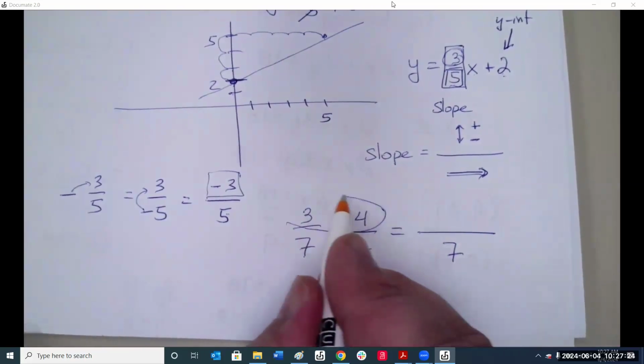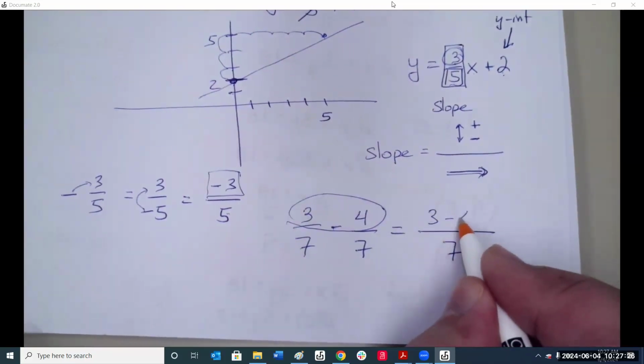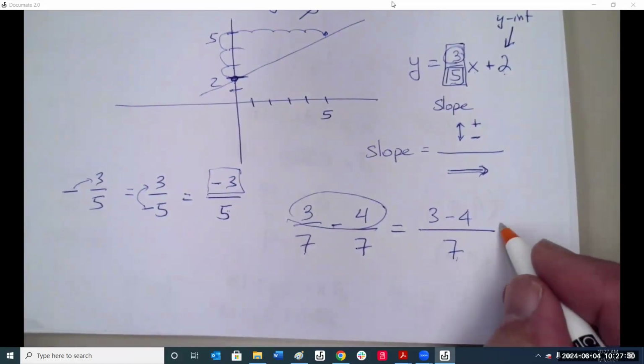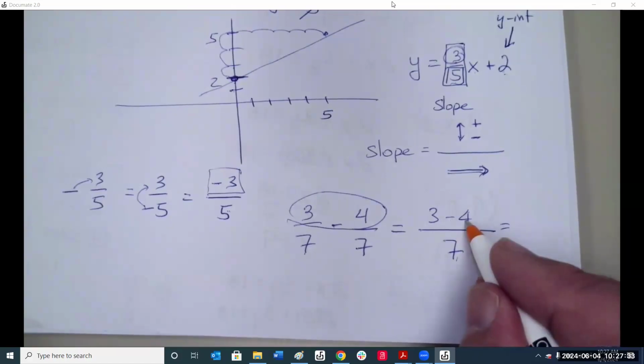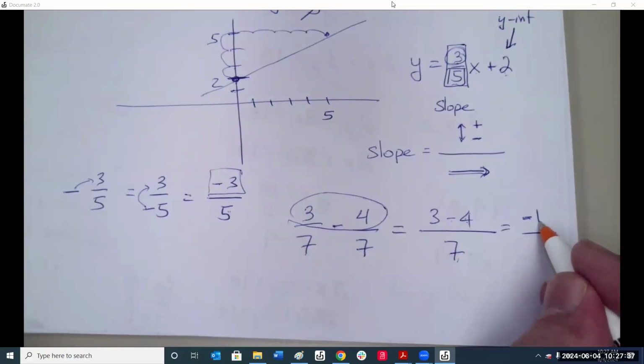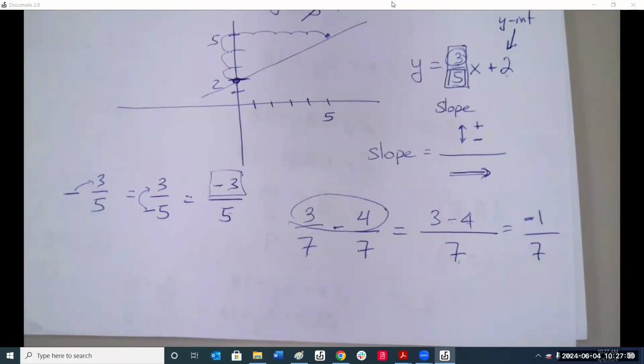Then whatever else stays on top. So the bottom number is always going to be positive. 3 minus 4 is bigger than 3, so it's negative. 4 minus 3 is 1. So whenever you have fractions, negative signs, if there's one in front of it, goes to the top number.